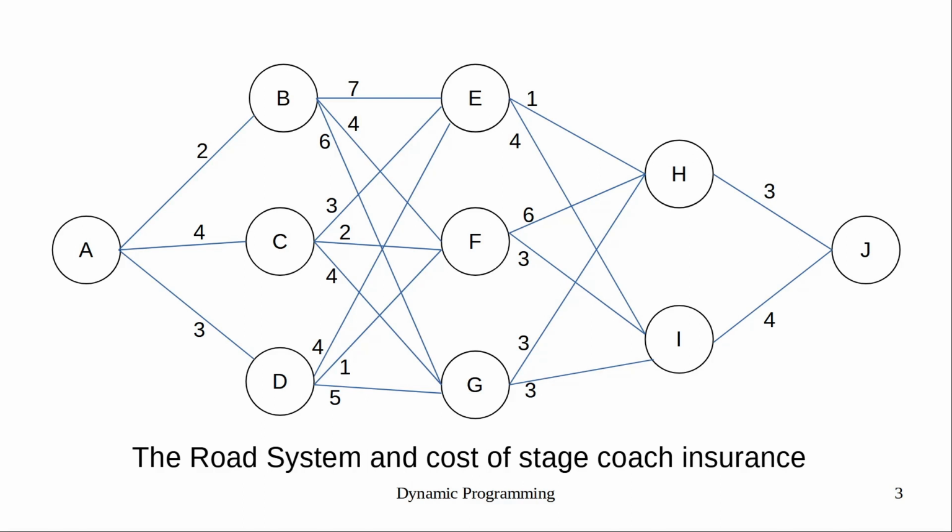The fortune seeker has to plan his route so that he pays the minimum insurance to reach from A to J. This is pretty complicated because, starting from A, he can go to B, C or D, and then from B, C or D he can again go to E, F, G. He has many choices, and in all those choices, insurance premiums are involved. So how do we find a route from A to J which has the minimum insurance premium?